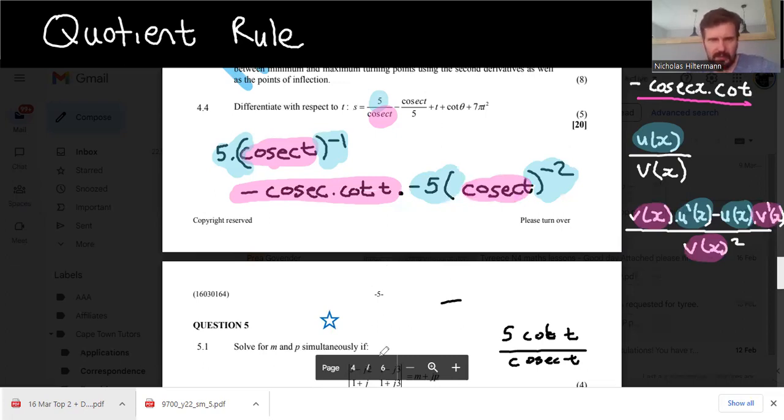And so what we end up getting is, this can go, so -1 times -5 gives you 5.